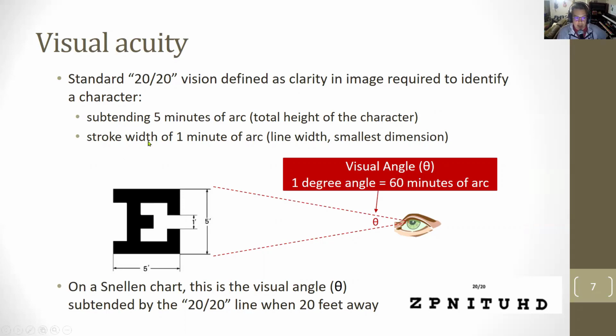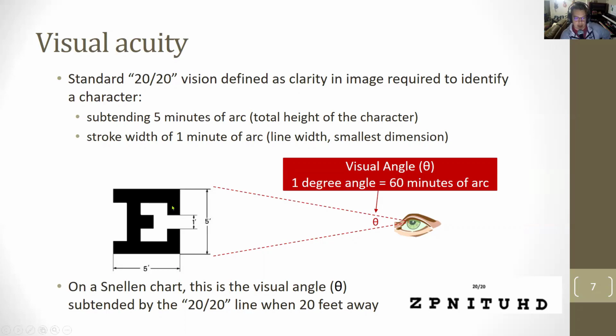The other is the stroke width. So the ability to resolve detail, as in see that there's a line there or that there's not a line there, needs at least 1 minute of arc. So a fifth of the distance for the entire shape is the size of the amount of detail that you need.